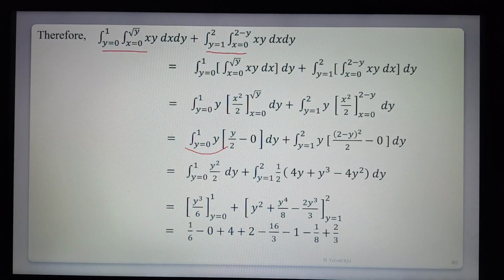Substituting here: 1 by 6 minus 0, plus 4 plus 2 minus 16 by 3, minus 1 minus 1 by 8 plus 2 by 3. Simplification is 3 by 8. So this is the required result of the given region of integration of the integral after changing the order of integration.